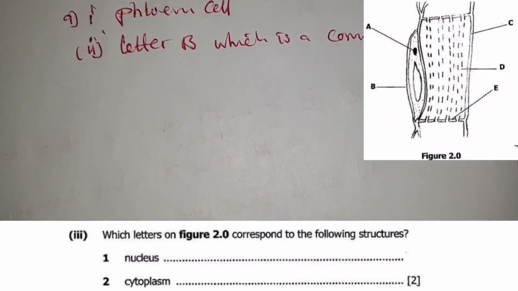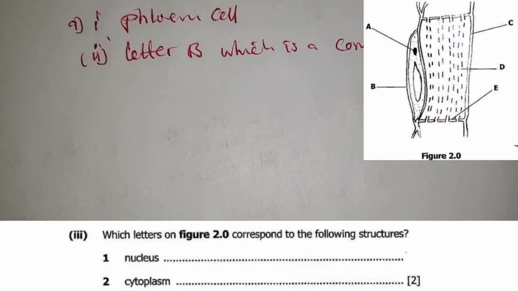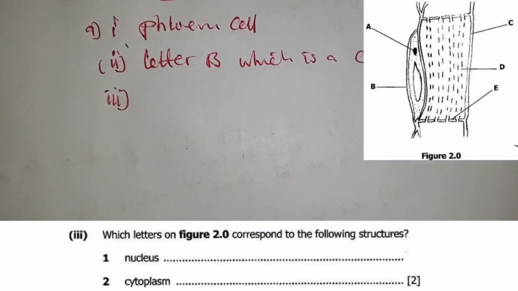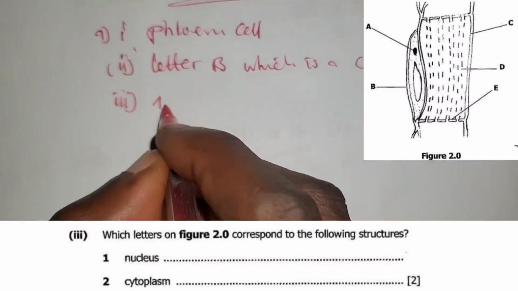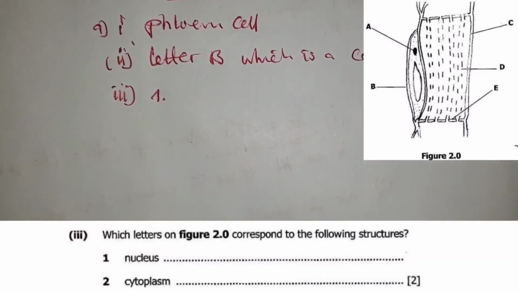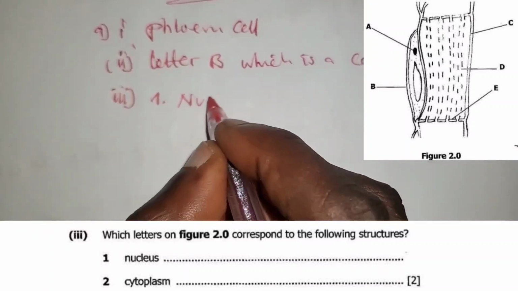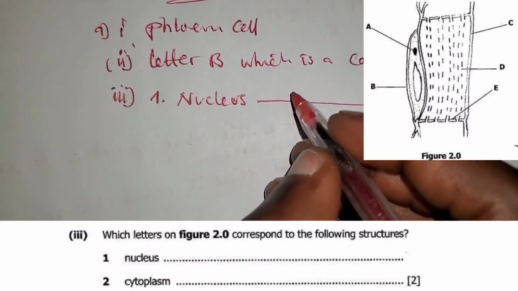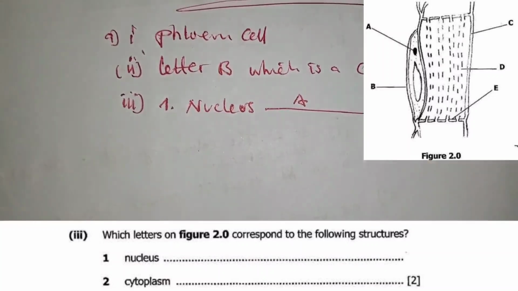The other question. Which letter in figure 2.0 corresponds to the following structures? So 1, 2, 3 correspond to the following structures. 1, nucleus. Which is the nucleus? So nucleus is A. Okay.